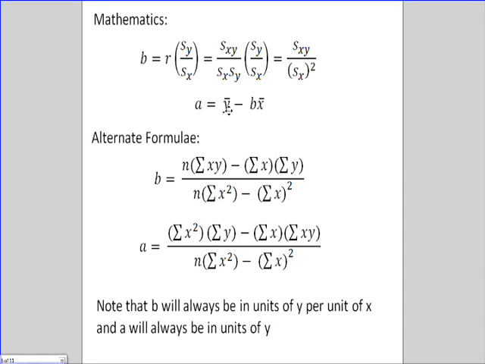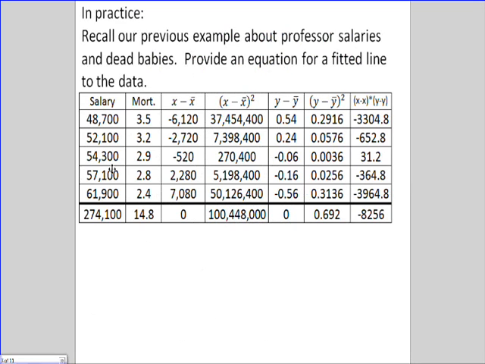And a is equal to y bar, the mean of y, minus the slope times the mean of x. Here are some alternate formulae you can use too, very similar in nature to the alternate formula used for the calculation of the correlation coefficient. Note that b will always be in units of y per unit of x, and a will always be in units of y.